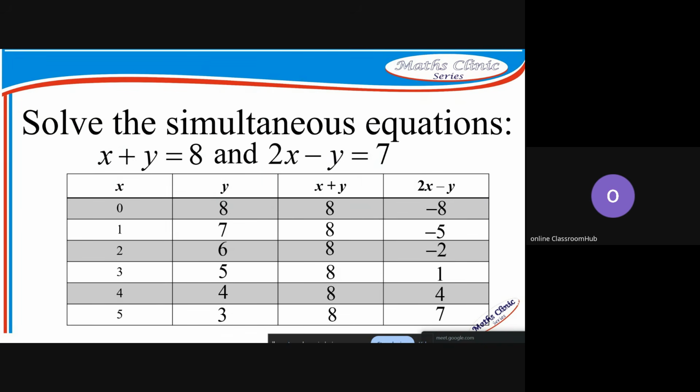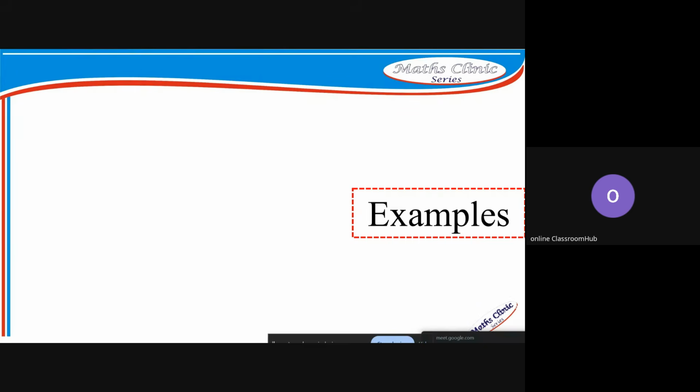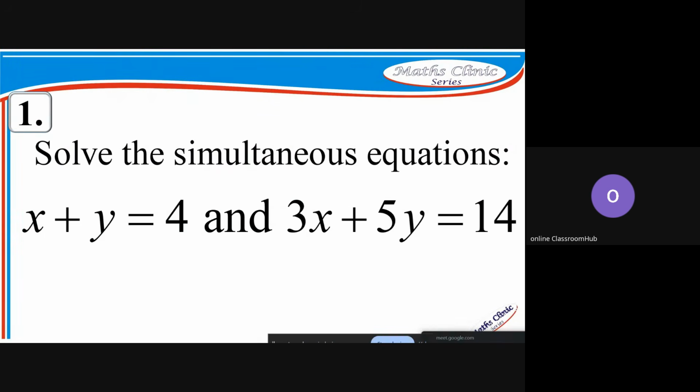So the answer is x is 5, y is 3. That gives us 8 for equation 1 and 7 for equation 2. Anyway, this is one way you can solve simultaneous equations.